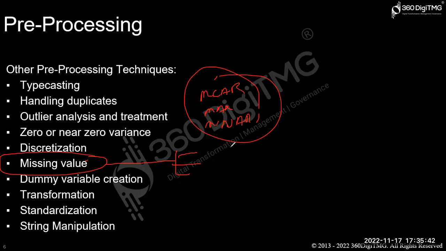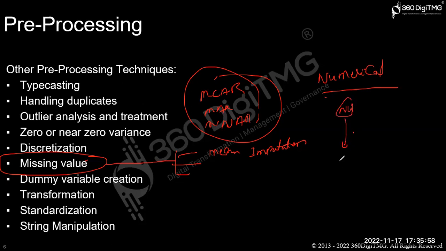Among these, the very first one was mean imputation. When you have numerical data, whatever the numerical data we have, we'll simply calculate the mean and wherever there is a missing value, we'll simply replace it.